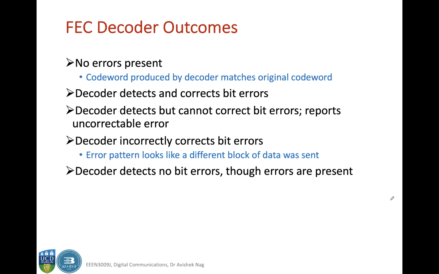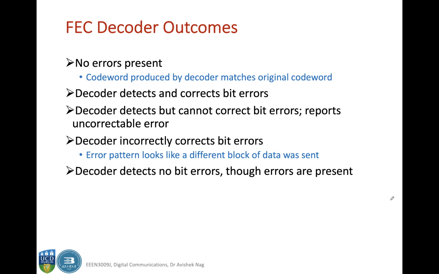So as I was saying, the FEC decoder can have different outcomes. There could be no errors present, so this is the best case. The code word produced by the decoder matches the original code word. But then the decoder can detect errors and correct those errors as well. The decoder detects but cannot correct bit errors; it only reports an uncorrectable error.